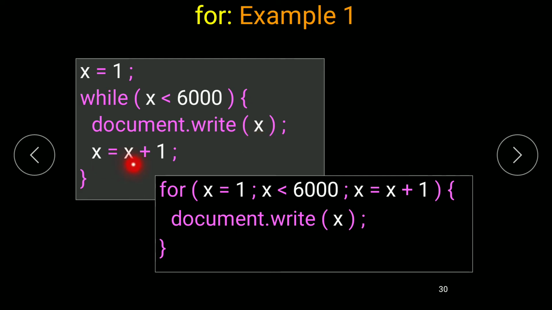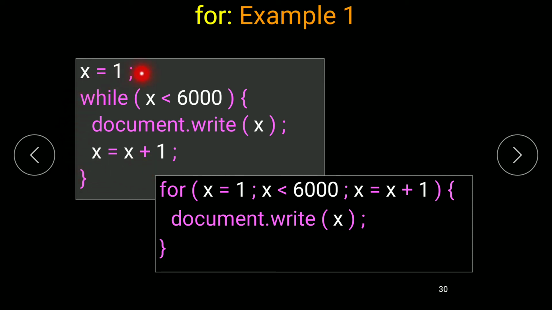Then the next statement is x equal to x plus 1. What does it do? It increments the value of x by 1. Then your x will become 2, right?